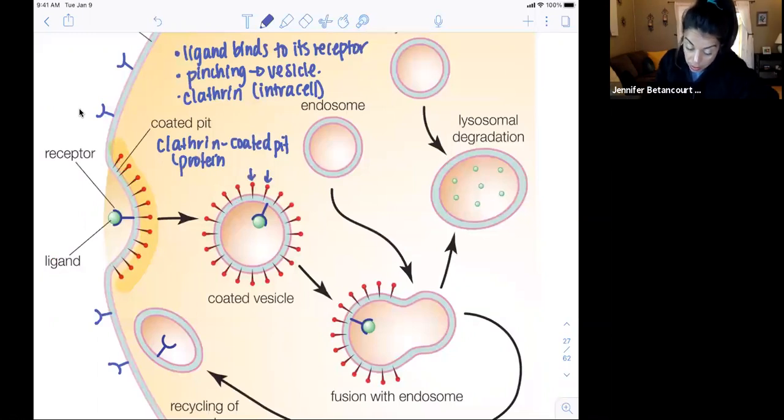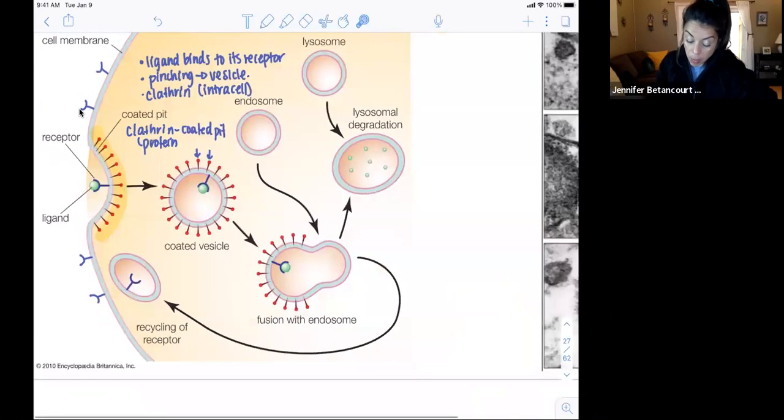And so this is going to then fuse with the endosome. And so when it fuses with the endosome, a couple things can happen. So it basically separates like, okay, ligand, you're nice and protected. You can go ahead and release from the receptor. And so you can send the molecules to wherever they need to go.